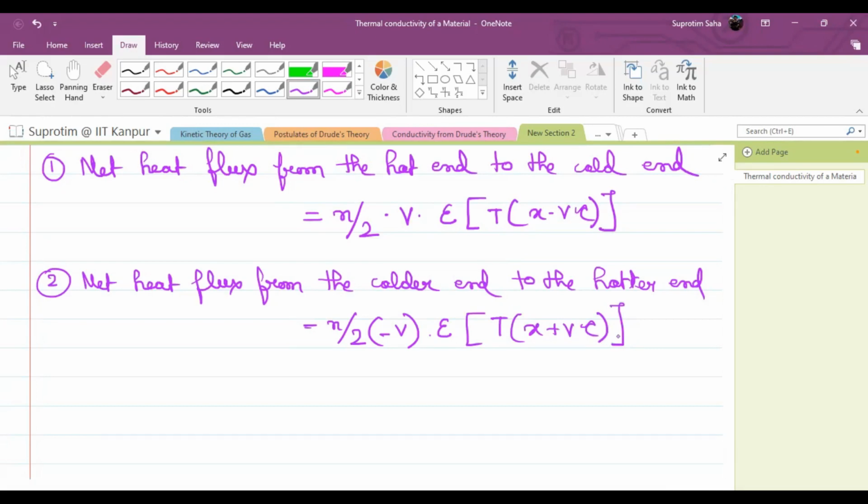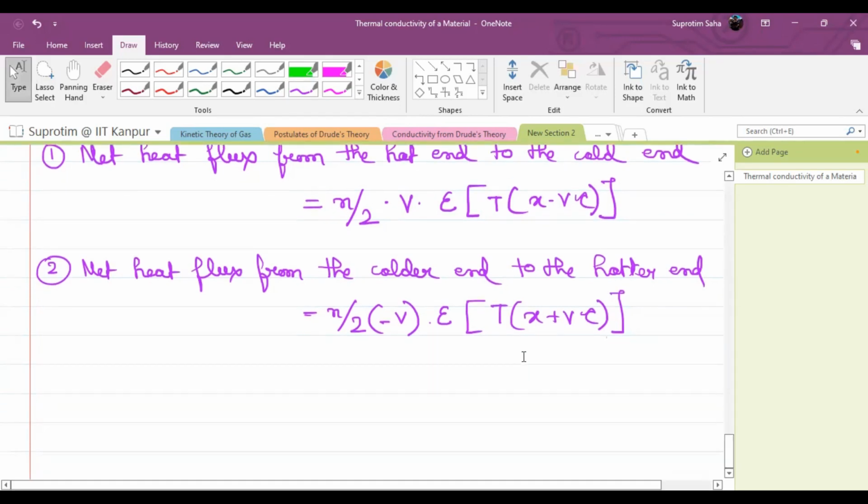If that rings a bell in your mind, we can Taylor expand this. So T, which is a function of x minus v tau on the hotter end, is a function of T of x minus v tau. On the colder end it is T of x plus v tau.